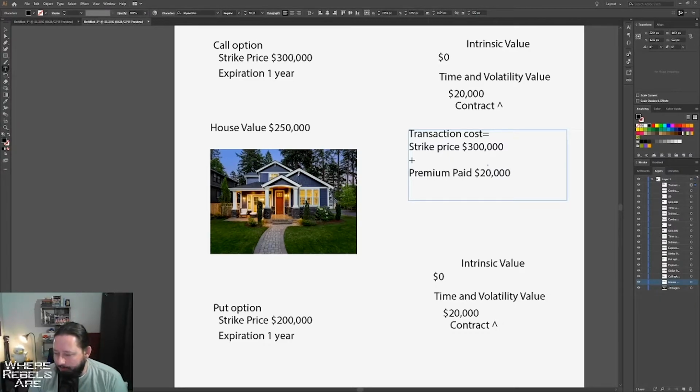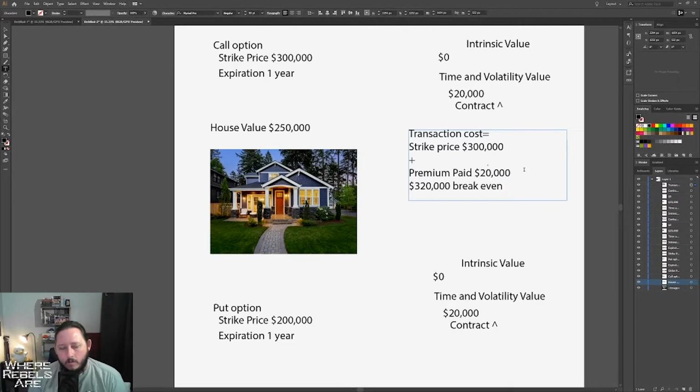Woohoo! You're in the money now. But you forget, you paid this premium to have that contract. So your actual cost is now referred to as the break-even price. You're not even making money at this point. You have just guessed correctly where it goes.